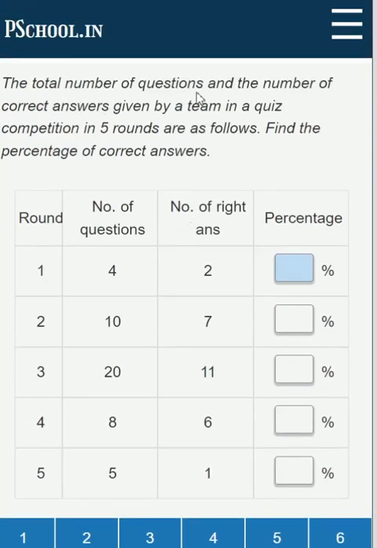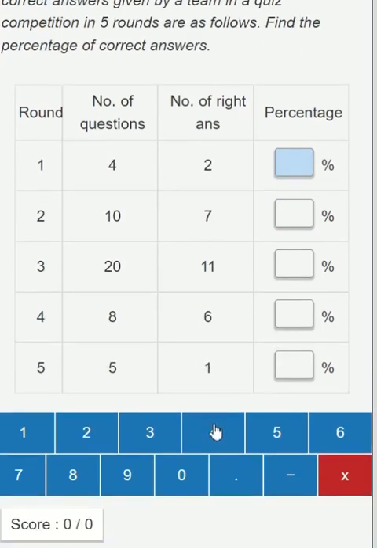The total number of questions and the number of correct answers given by a team in a quiz competition in 5 rounds are as follows. Find the percentage of correct answers. So in the first round, number of questions is 4 and number of right answers is 2. So the number of right answers is half the number of questions. So it is 2 by 4, which is nothing but 50%.